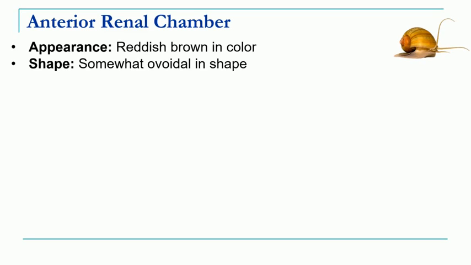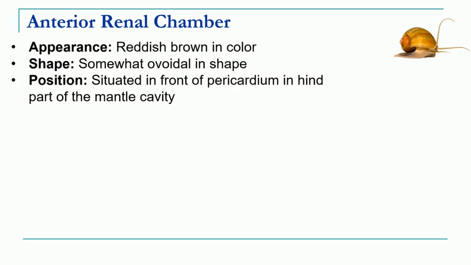The upper surface is called the roof, and the lower surface of the anterior renal chamber is called the floor. Its position is in front of the pericardium, the outer sac-like structure of the heart, and on the hind part or the other side it has the mantle cavity.